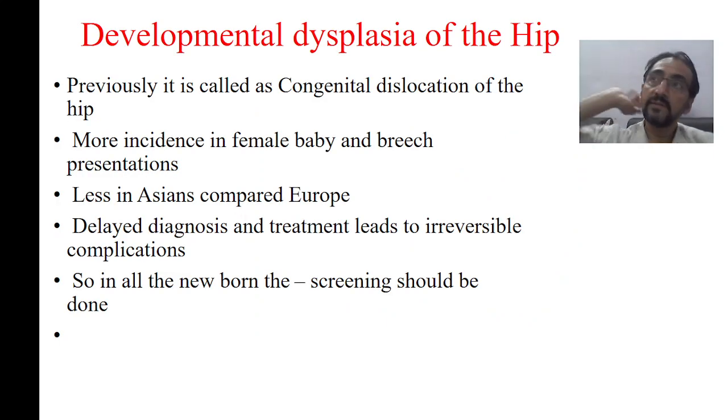So this is about the club foot. Then we come to another important part, that is developmental dysplasia of the hip. We have seen genu valgum, genu varum, then comes the club foot, now developmental dysplasia of the hip. Okay, this is one more big problem.